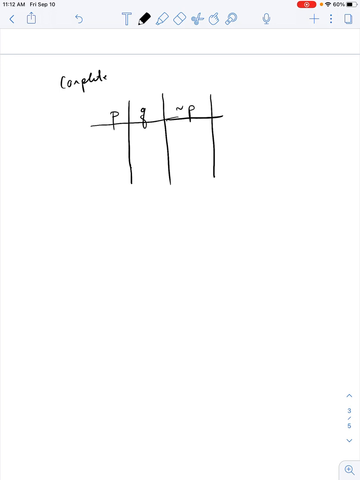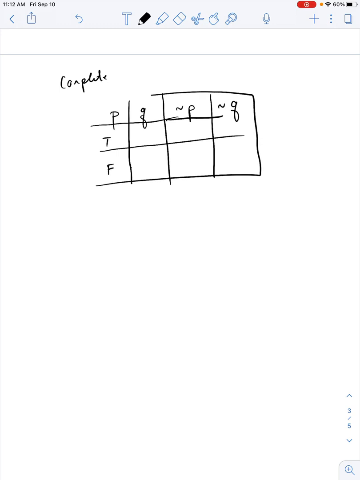And we're finding the negation of P and the negation of Q. So the same idea, right? Let me go ahead and just rewrite this table again.